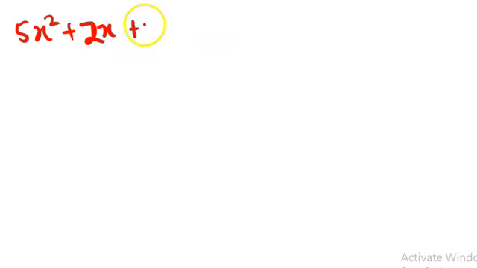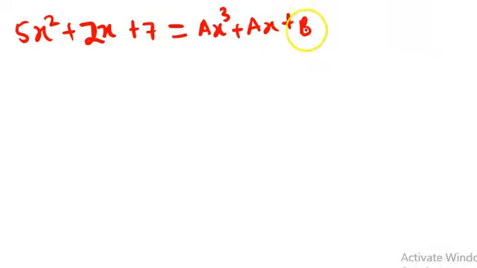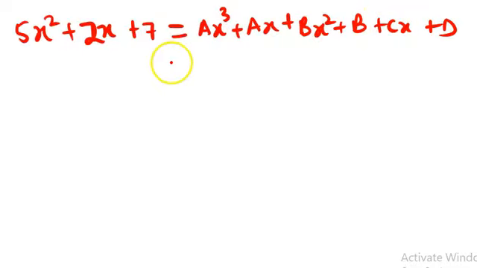On the left hand side, we have 5x squared plus 2x plus 7, which will be equal to, let's expand the right hand side. When we do that, we have ax cubed plus ax plus bx squared plus b plus cx plus d. So let's group them.